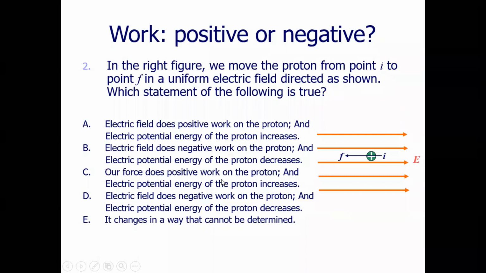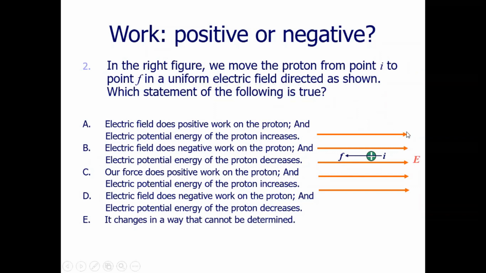So now I have a question for you, which we have to answer together. The question says that in the right figure, meaning in this figure, we move the proton from point I, which is here, to point F, which is here, in a uniform electric field directed as shown.